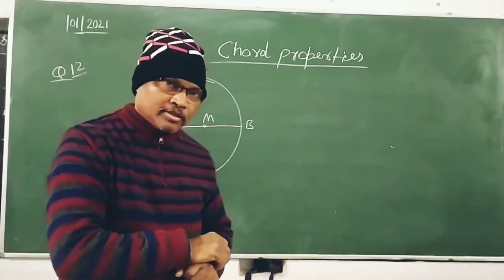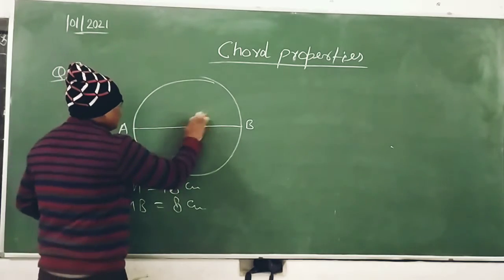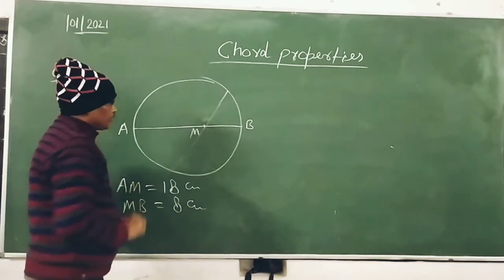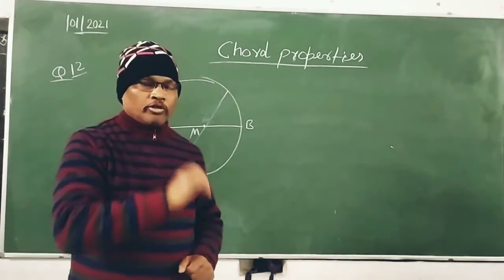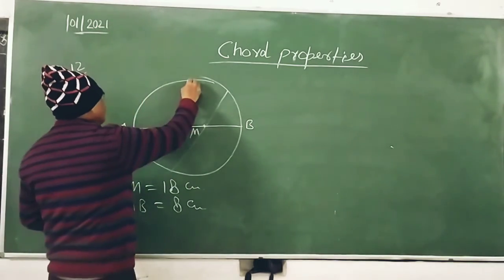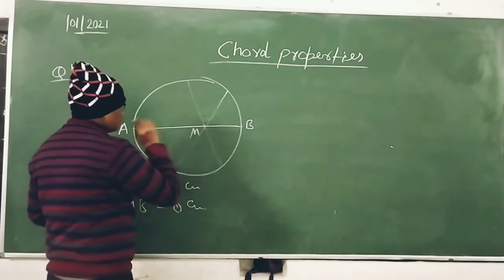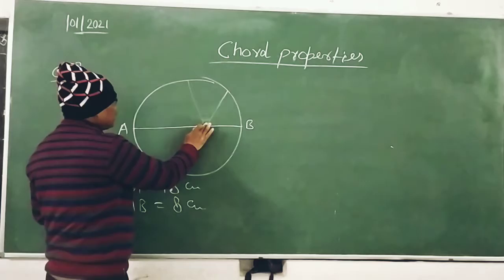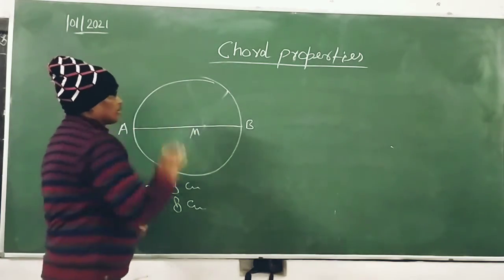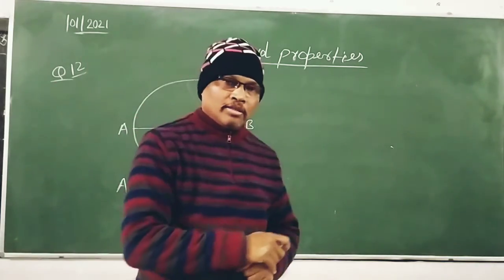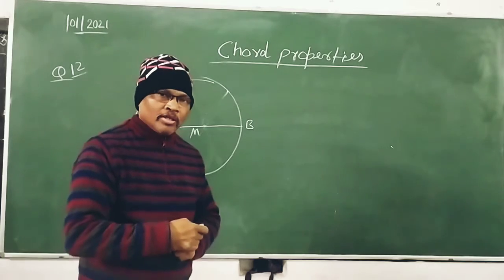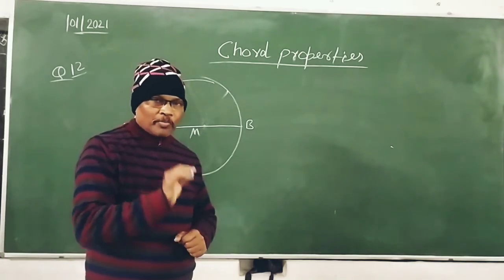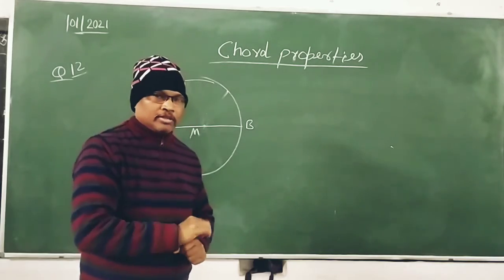अब shortest क्या चीज होगी? Shortest क्या हम ऐसे ले सकते हैं? This is not the shortest. Can you take like this? No. ये भी shortest नहीं है. Shortest means जब भी shortest की बात आए तो you have to draw the perpendicular on that point.